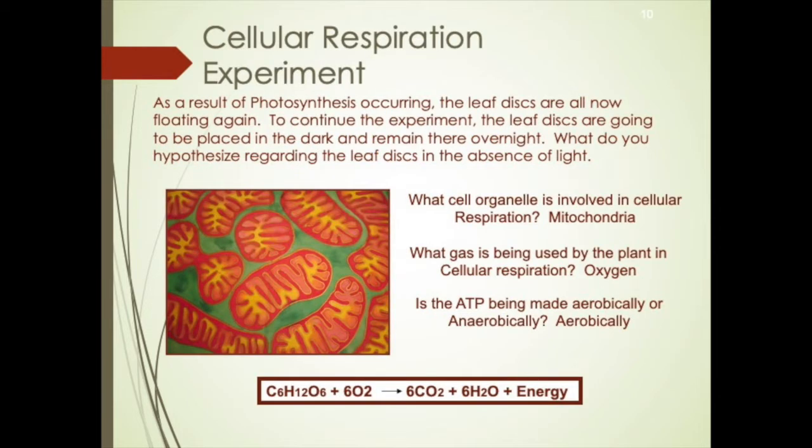So the cellular respiration experiment. So now that they're all floating, you put them in the dark, and you leave them there overnight. What do you think is going to happen there overnight? Well, the oxygen is going to be used up, right? They still have mitochondria.